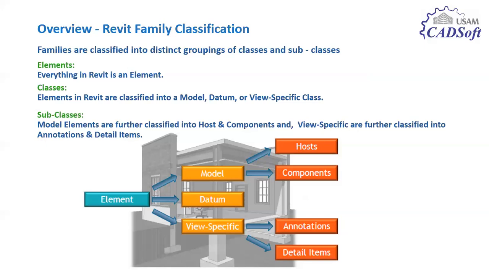For example, the model is divided into two things: one is the host and the other is the components. The view specific elements are further divided into two things: one is the annotations and the other is the detail items. Now we can create families for all these kinds of classes and subclasses.